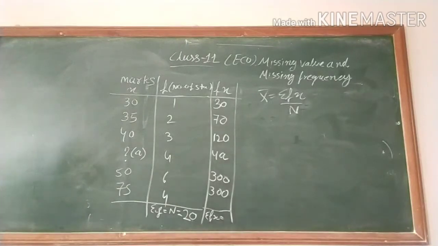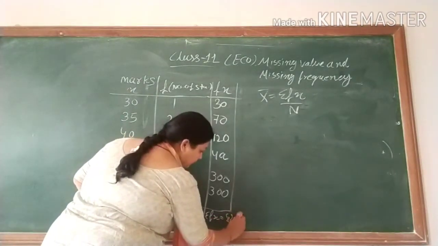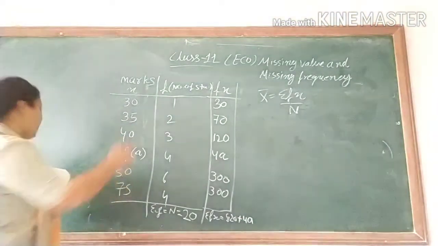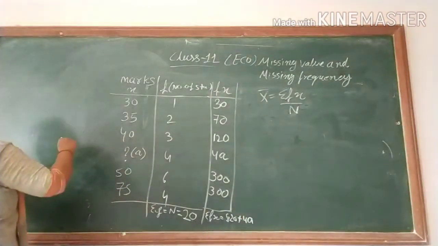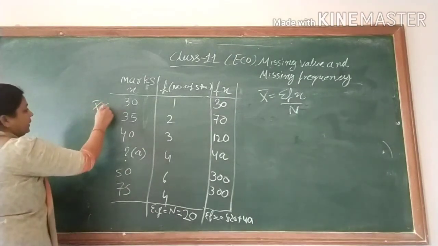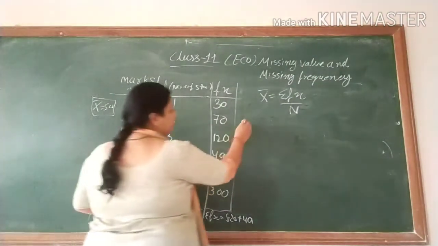So it becomes 820 plus 4a. Put the value in the formula. In this sum, x bar is given to you, that is 50. Clear? So just put the value in the sum.